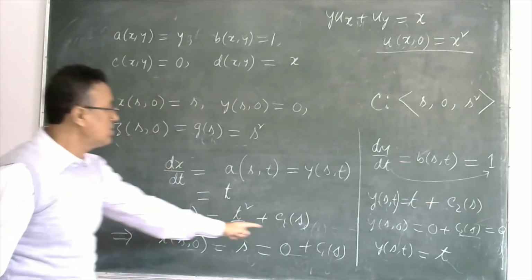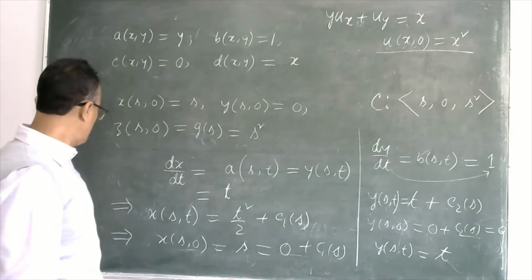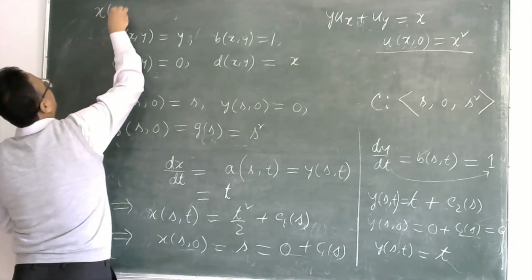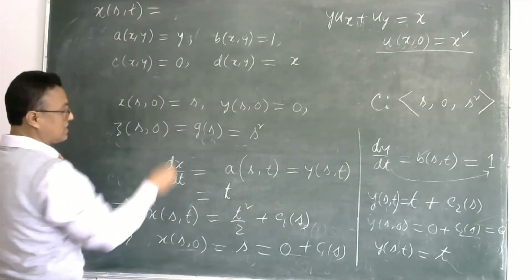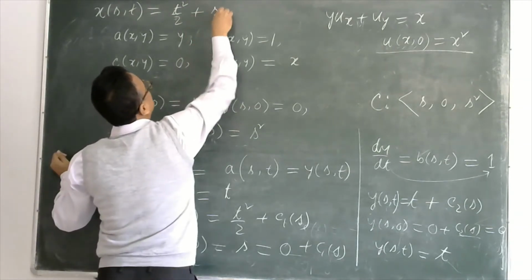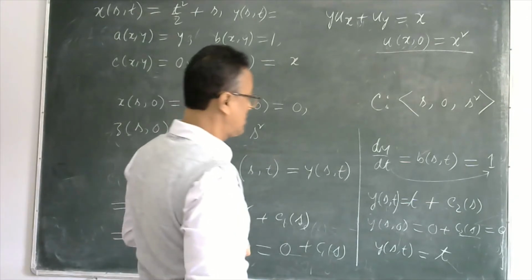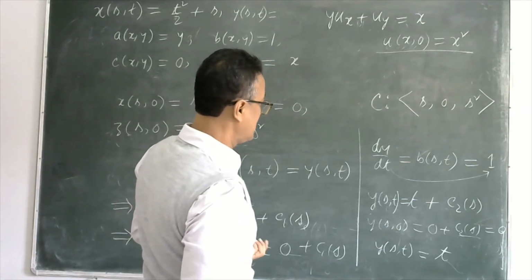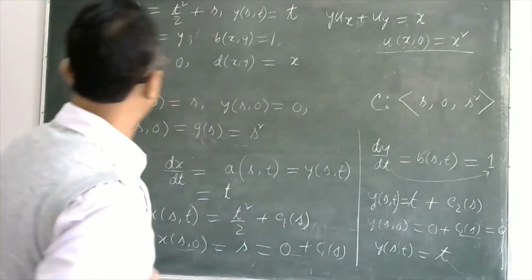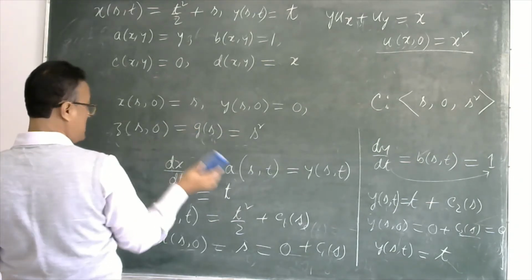So basically c1(s) is s. Okay? So that means what I have got? I have got x(s,t) equal to t squared by 2 plus s, and y(s,t) equal to t. Fine? Okay? Fine.